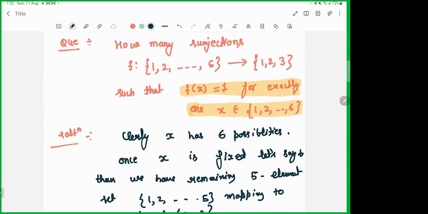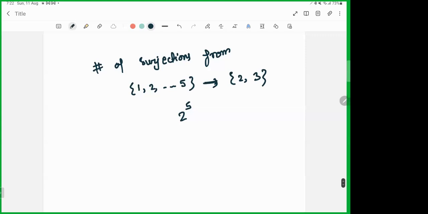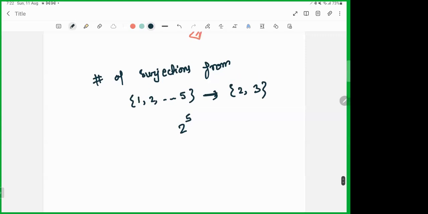Yes, sure. So there should be one duplicate. 2 to the power 5 minus 1, you are saying? It should be 2 to the power 5 minus 2, no? The total number of functions is 2 to the power 5 and two functions are constant functions basically.